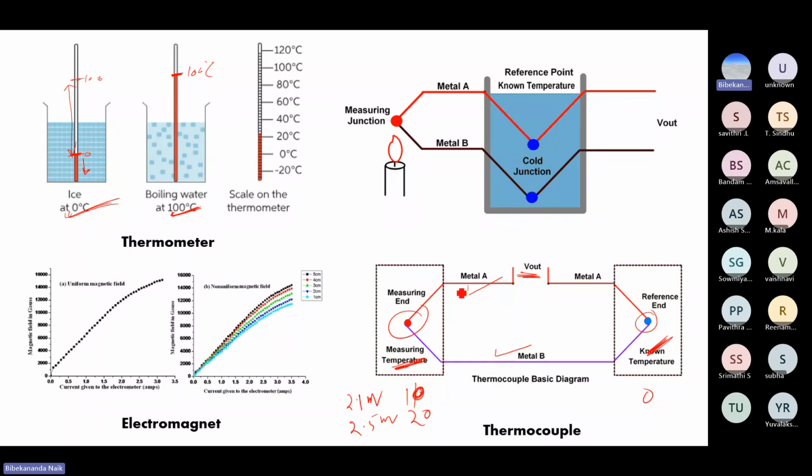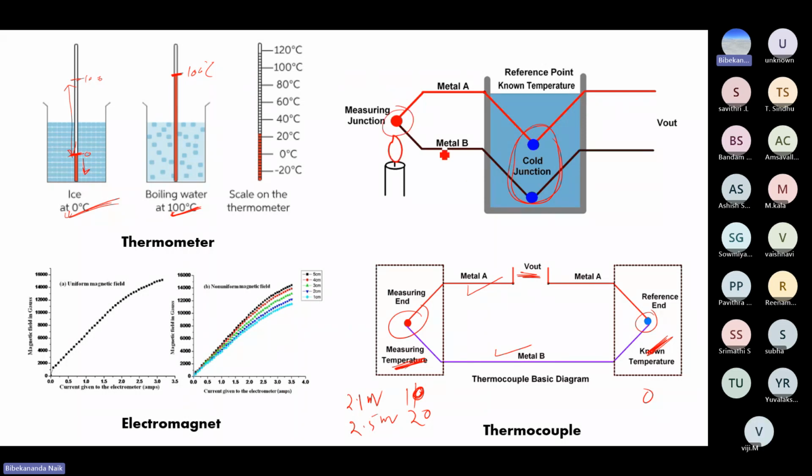the thermocouple. So how does the thermocouple work? Suppose there are two junctions, metal A and metal B. As you can see, on one side these two are at a similar temperature, but here these two are at different temperatures. Two different metals are used because they have different properties.